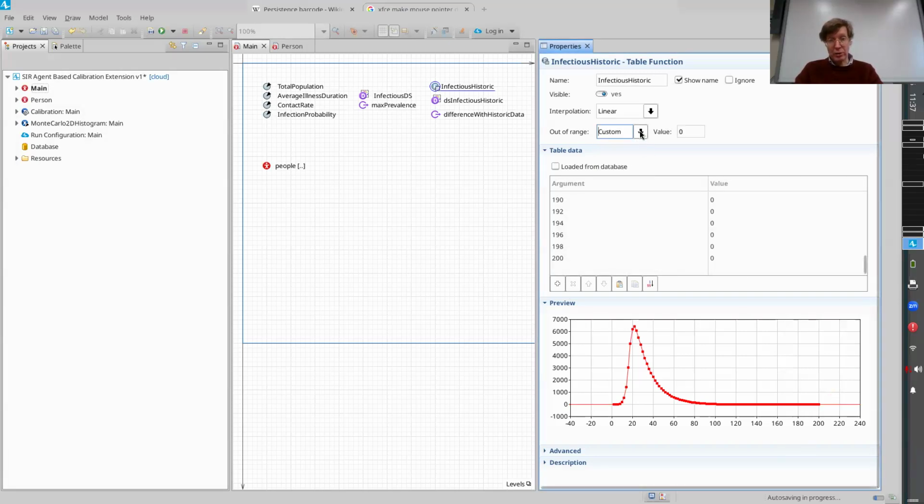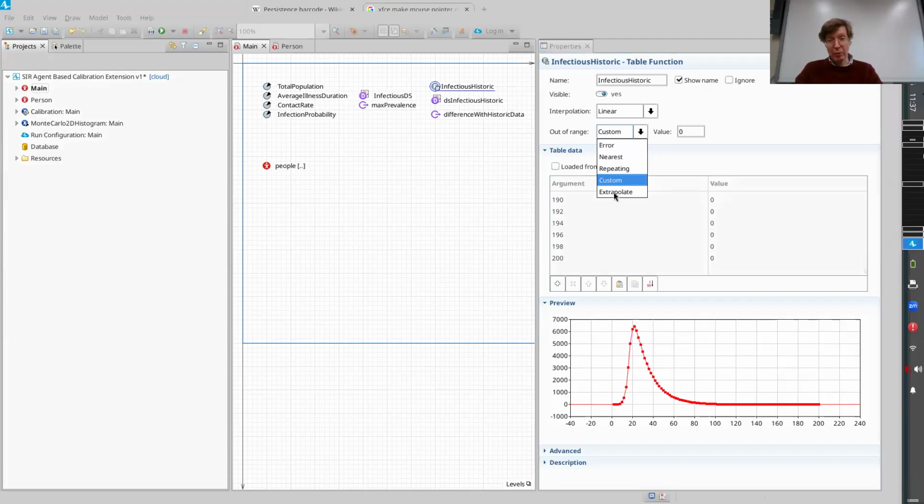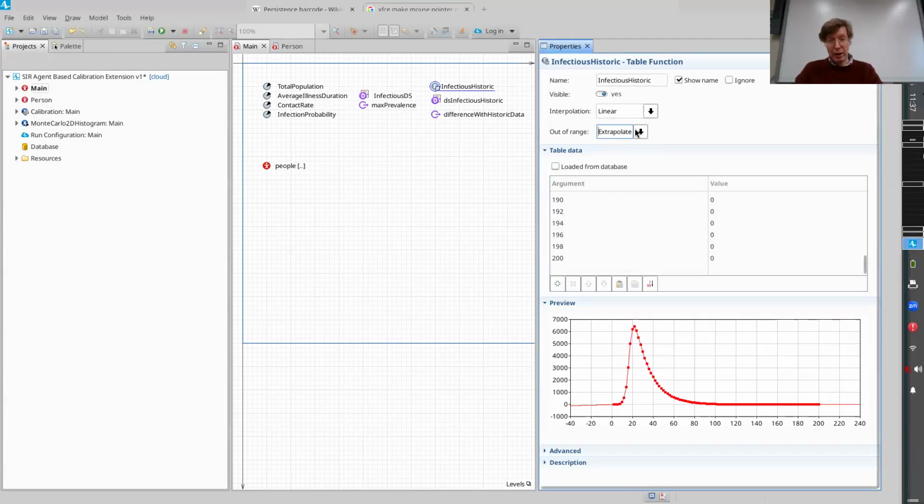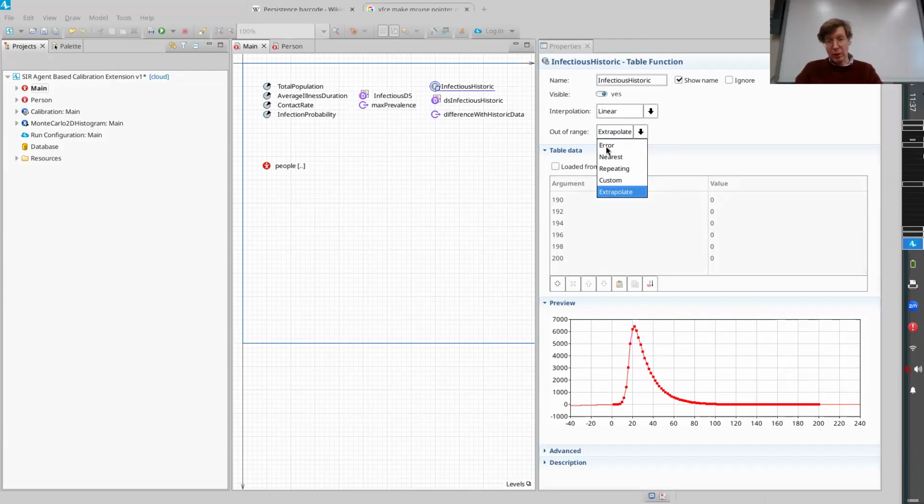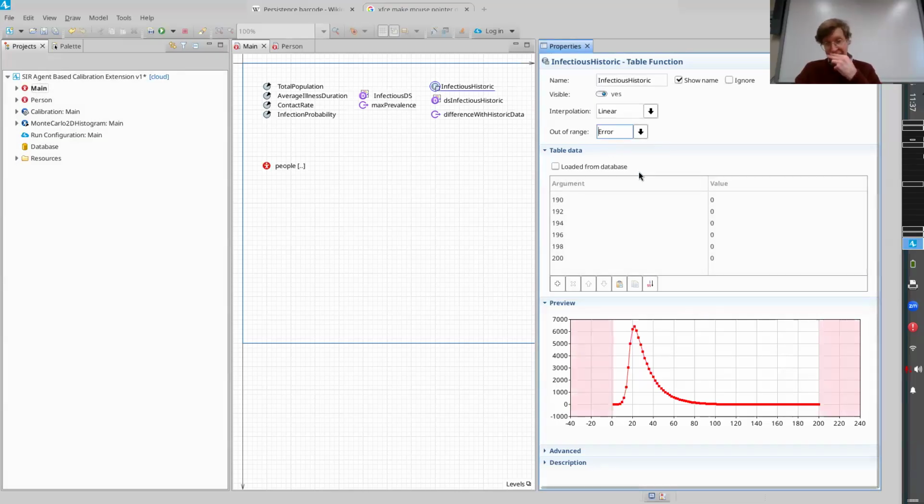Do we wish to handle it with some custom value, or do we wish to engage in some sort of extrapolation, which I suspect is linear extrapolation, although we'd have to check the documentation. We're going to leave it as error. So if we give it a value outside of that, it'll indicate an error.